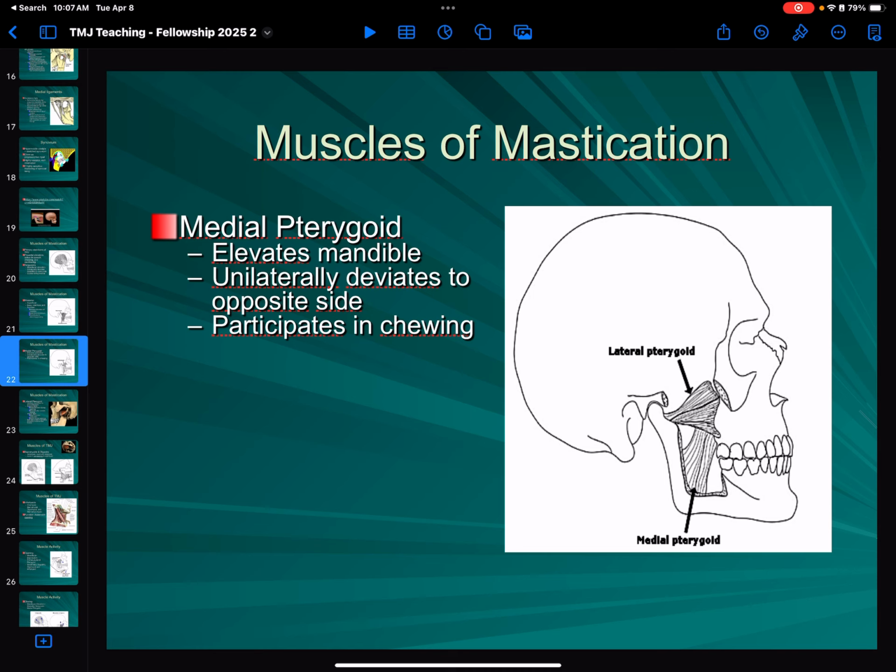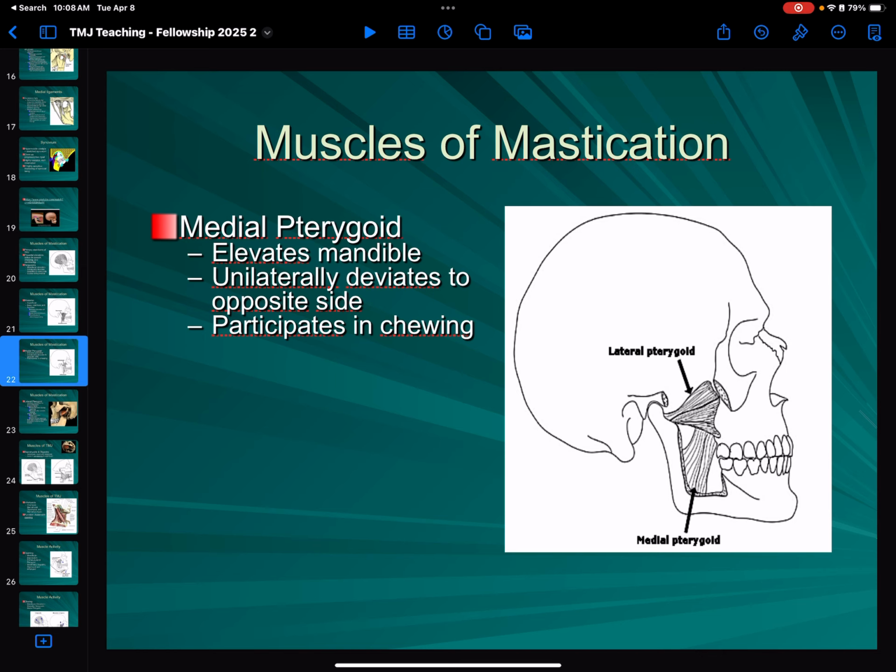The medial pterygoid also unilaterally deviates the jaw to the opposite side. I'll show another video where you can see the muscles working together as you chew, or as we call it lateral protrusion, as you move your jaw side to side.